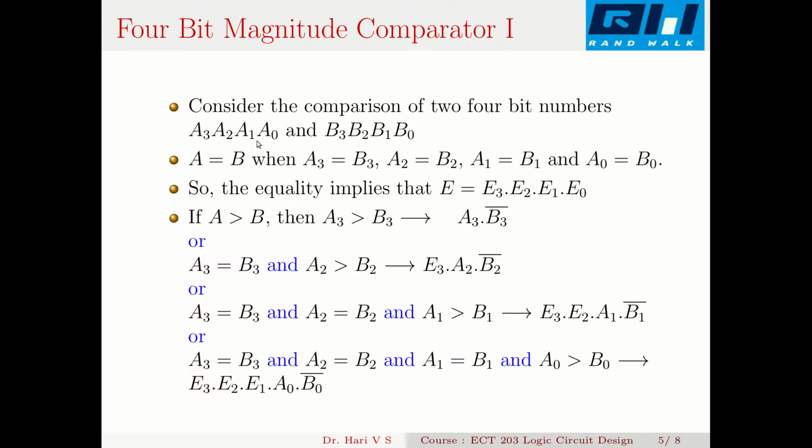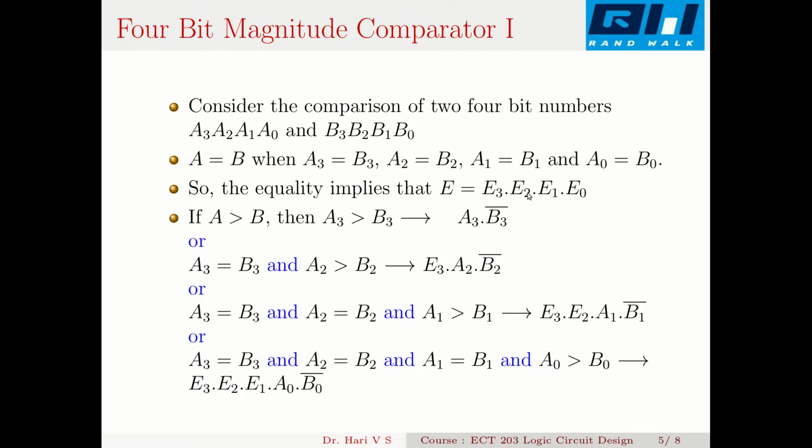Now when A equals B, that means A3 equals B3, A2 equals B2, A1 equals B1, and A0 equals B0. So this implies that E is equal to E3 and E2 and E1 and E0. This should be high.